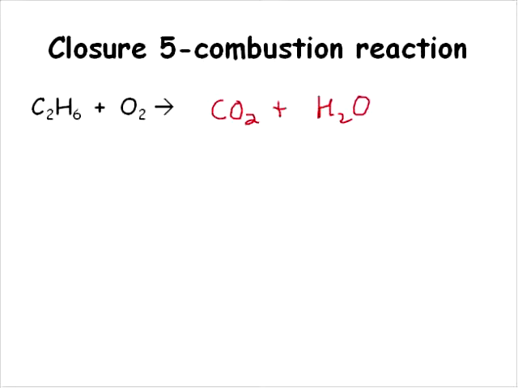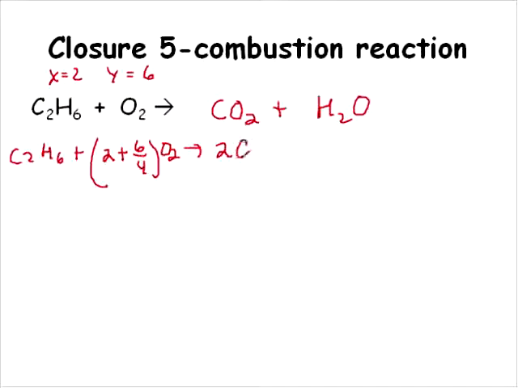If we have x equals 2, y equals 6, okay, so we have C2H6 plus, this would be x, which is 2 plus 6 over 4, that's O2, gives us 2 CO2 plus y over 2 for the coefficient of water.